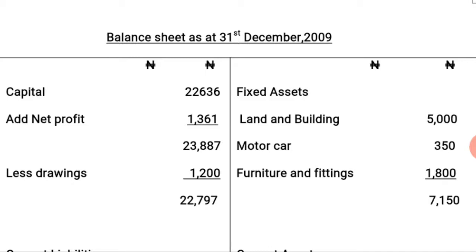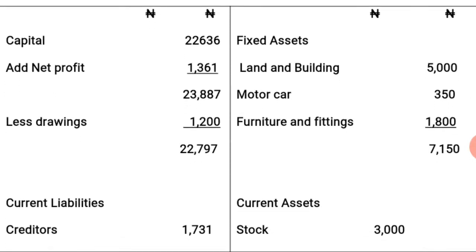You add it to the capital of 22,636 naira, you arrive at 23,887 naira. From there you less the drawings, and our drawing from the question was 1,200 naira. So you deduct 1,200 naira from 23,887 naira, you arrive at 22,797 naira, which is known as the capital employed.